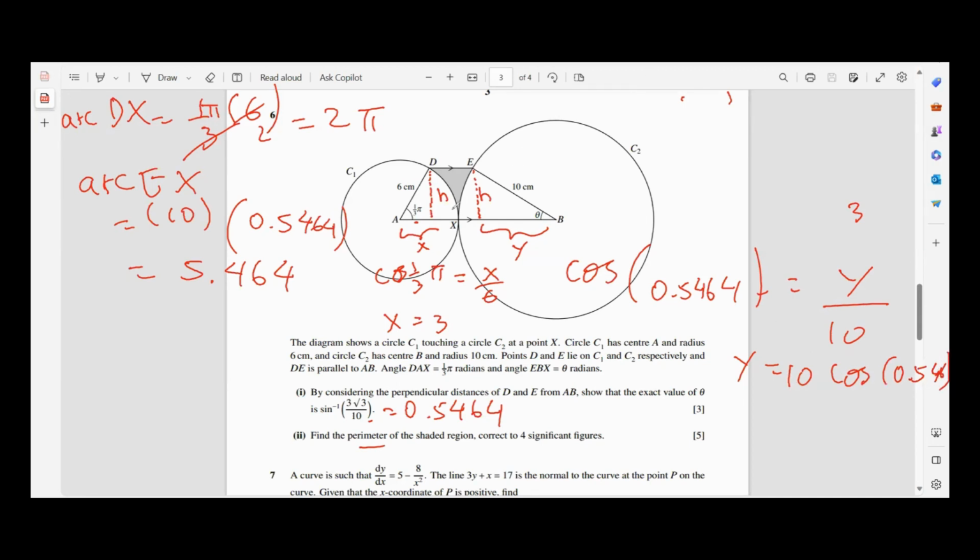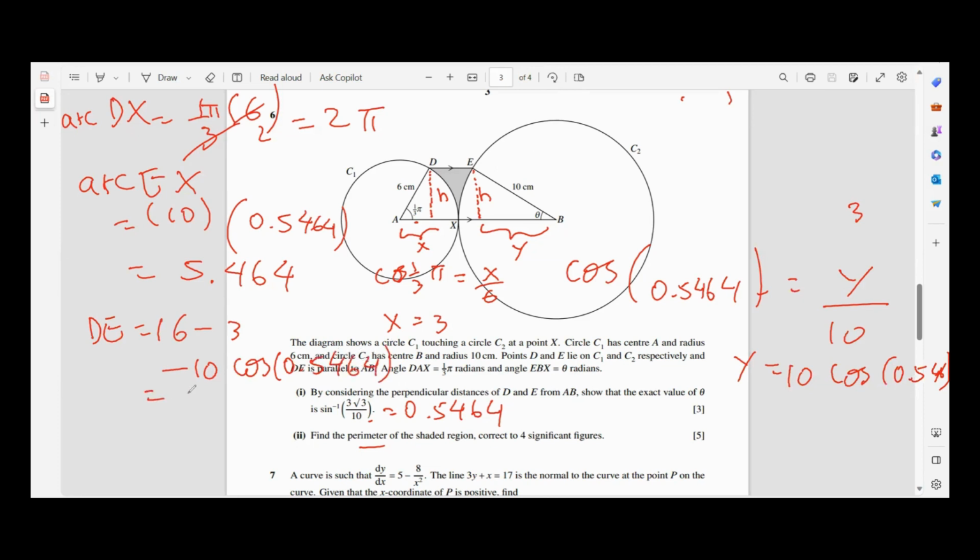And then we can get the middle one, or DE. So DE equals, the total of them is 16. So 16 minus 3 minus 10 cos 0.5464.